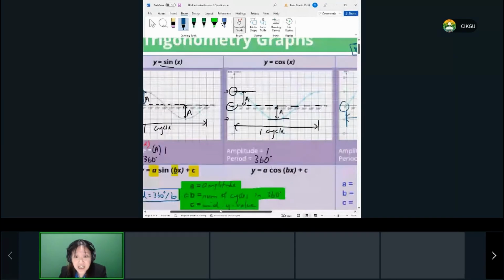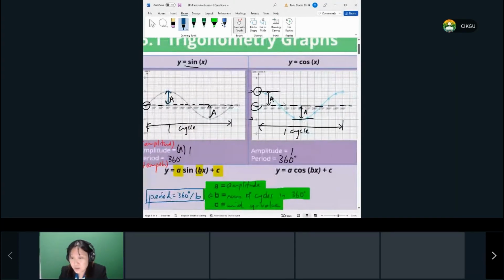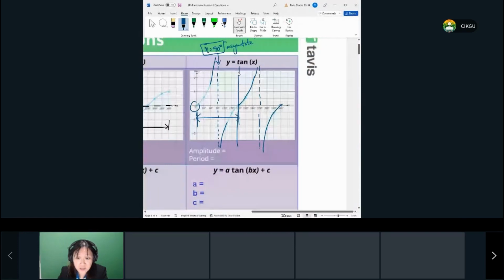Unlike sine and cosine, where you reach maximum and minimum value. That's why you can find the amplitude. But tangent doesn't have one. So that means the amplitude for tangent is NA, not applicable. There's no such thing as amplitude for tangent, because it keeps going up and keeps going down.